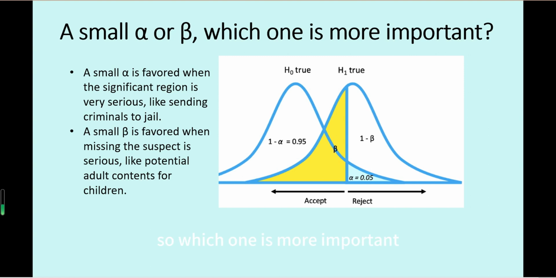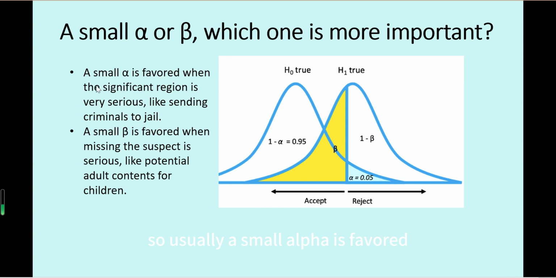So which one is more important, a small alpha or a small beta? Which one do you have to choose? This depends on the context, or the research question you are interested in.